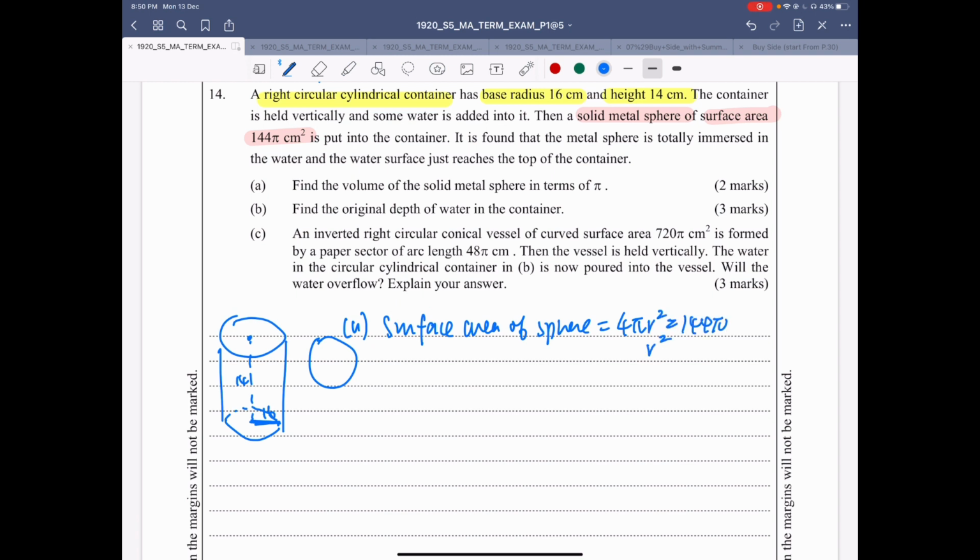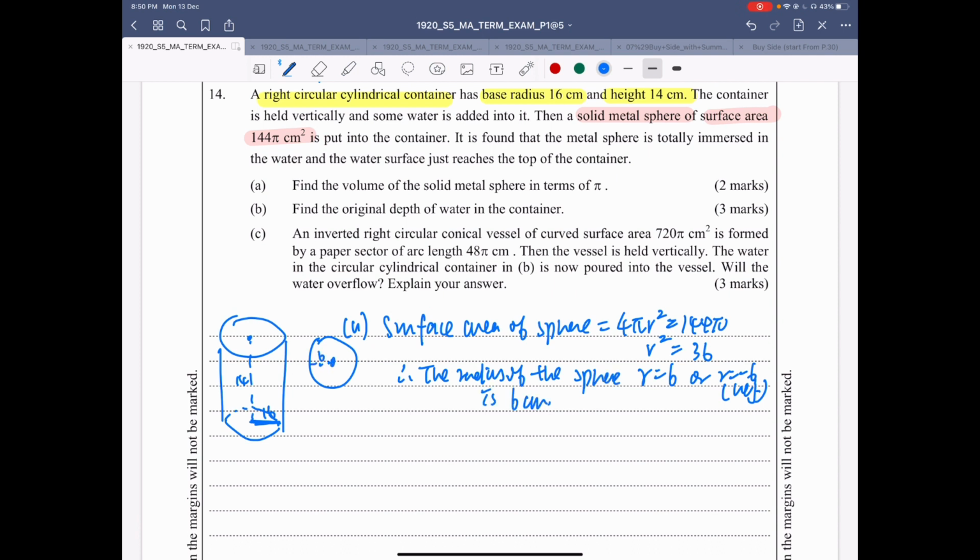So r square equals 144 divided by 4, which is 36. And r should be 6, or r equals negative 6, which should be rejected. So we know the radius of the sphere is 6 cm.